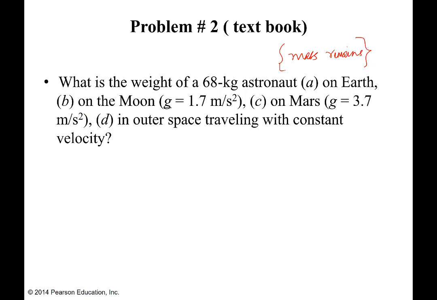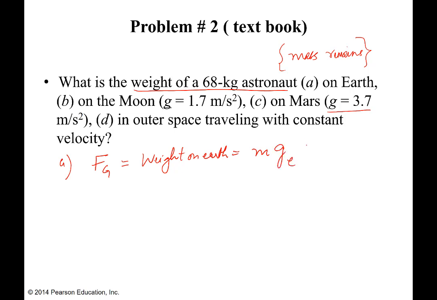Okay, so it's the value of g that changes, and hence the weight changes. So it's interesting to find out what the weight will be at different places. For example, on Earth, if the mass of the astronaut is given, Fg, which is the weight on Earth for part 1, will be the mass of the astronaut multiplied by the acceleration due to gravity on Earth.